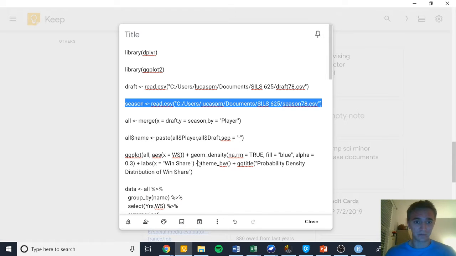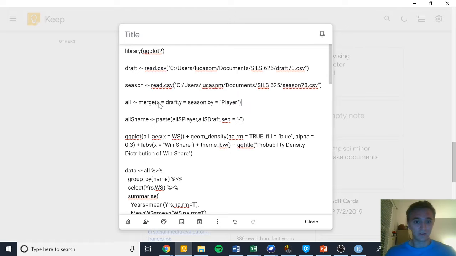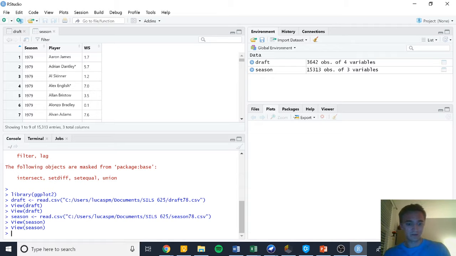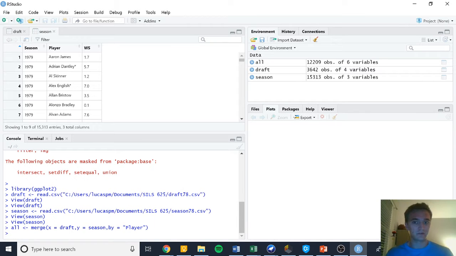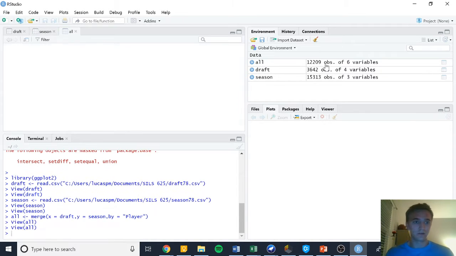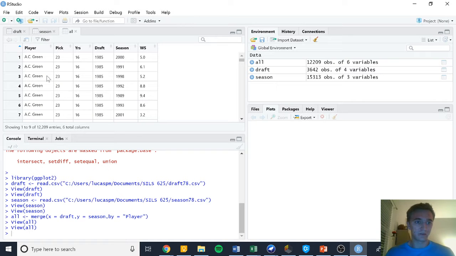So I did a couple different things here. Let's merge these two tables here. So now I got the year, their pick, total years played, draft, season, win share. That's exactly what we wanted.